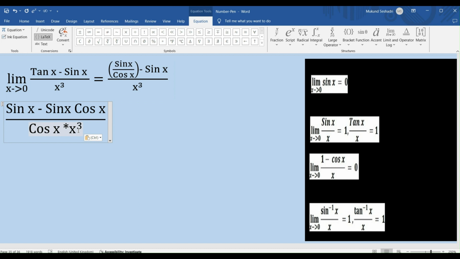I hope you folks are with me. So all that I've done is rewritten tan x as sin x by cos x, and I have further, I cannot call it simplified the expression.